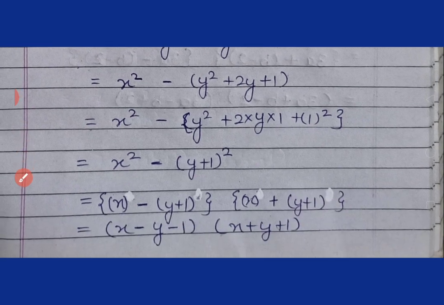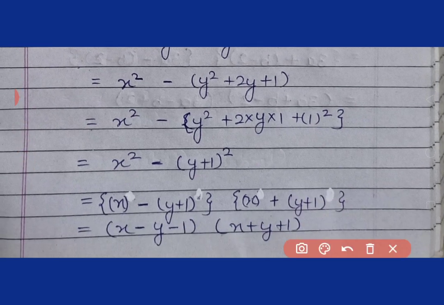Now we will expand it. x is taken as a and y plus 1 is taken as b. So we will write here x minus (y plus 1) in the bracket, and second x plus (y plus 1). Now when the bracket opens, the sign will change due to the minus sign present outside.